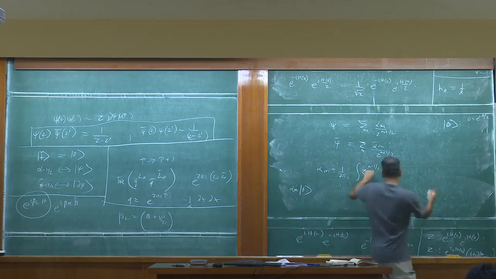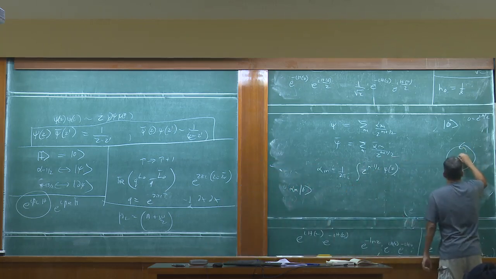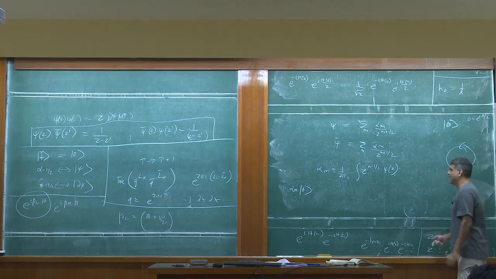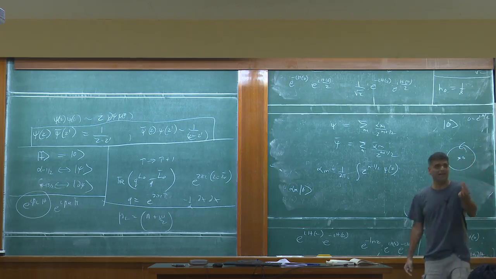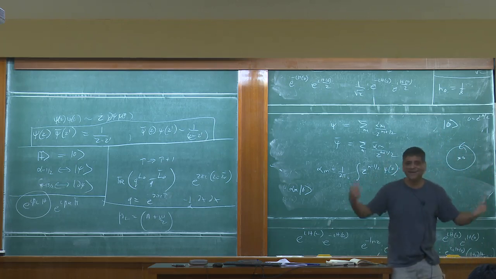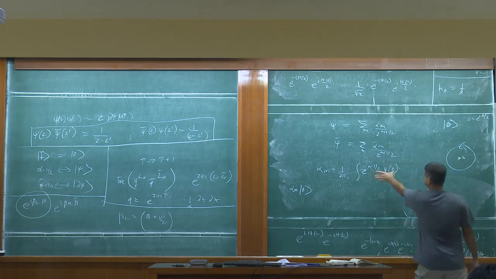But that is the same as acting this contour on the operator insertion O. That's clear, right? And we know what we're going to get. We've done this a zillion times now. We're going to get what you get from the OPE, from the residue of the pole in the OPE between whatever was here and O.